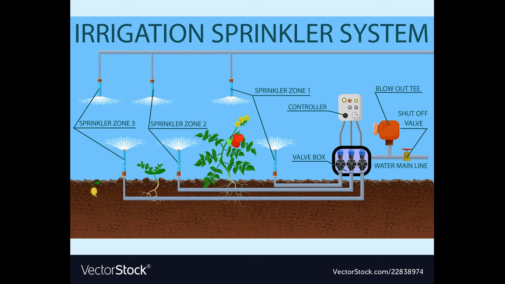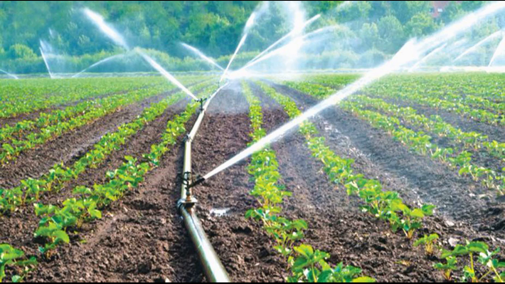Maybe you have seen this sprinkler irrigation system in parks and lawns where grasses are there. Water showers out like a fountain everywhere. What is the benefit of that? Every area, not just one specific area, the plants will get water.